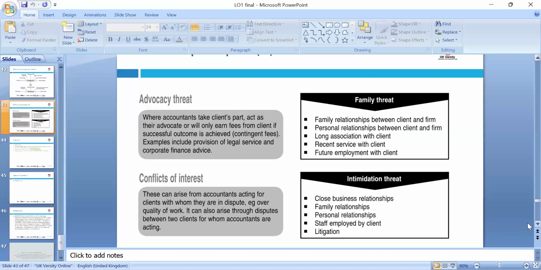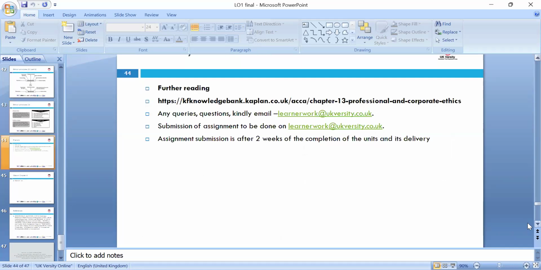Advocacy, where the accountant takes the client's part, advocates for them, and earns fees from it, which shouldn't be, and objectivity can be compromised. Conflict of interest can be maybe you give benefit to the family. Intimidation, close business relationship, family relationship, and personal relationship can all lead to objectivity being compromised.